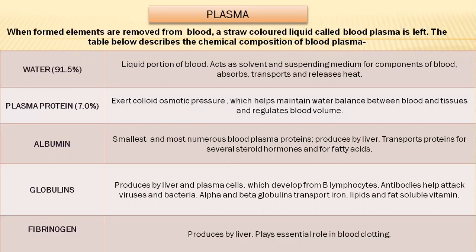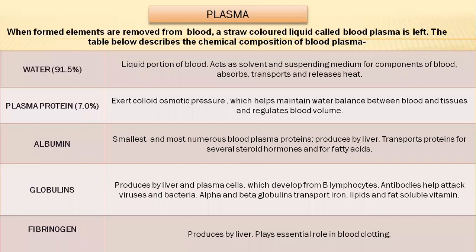Once B lymphocytes are activated for some reason, they will be transformed into plasma cells, and now they'll start producing immunoglobulins as examples of globulins. And these immunoglobulins will act as antibodies that will start attacking viruses and bacteria.